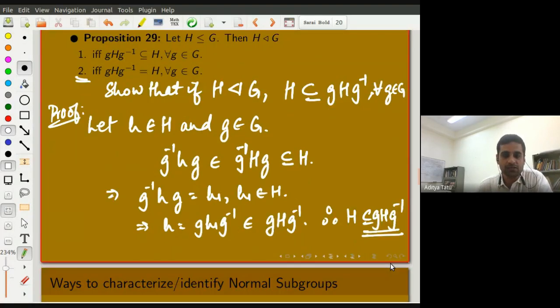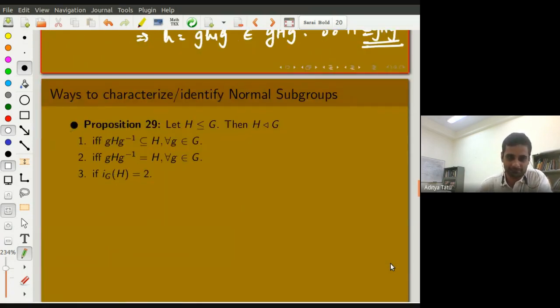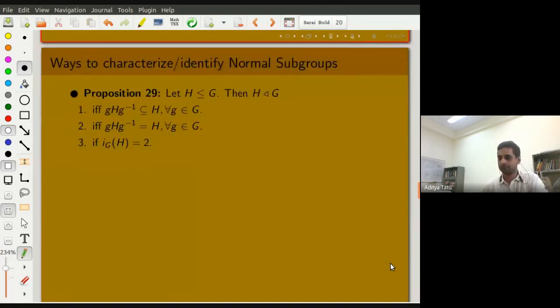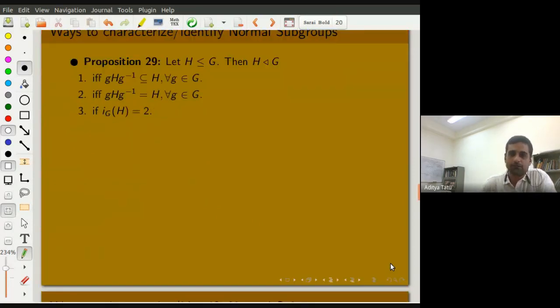The next two are sort of small interesting nuggets. One way to identify that a subgroup is a normal subgroup is if the index of this subgroup in the group G is equal to 2.